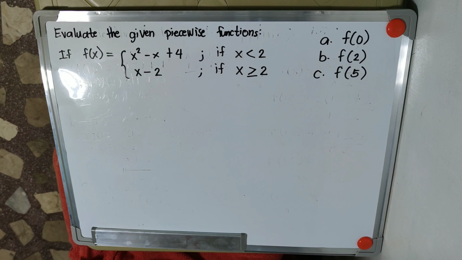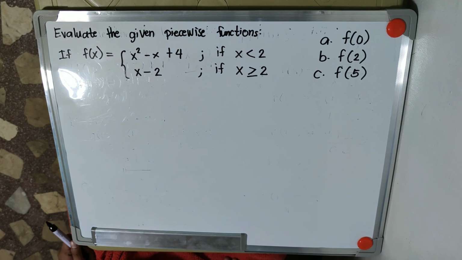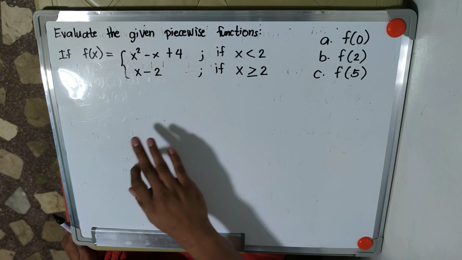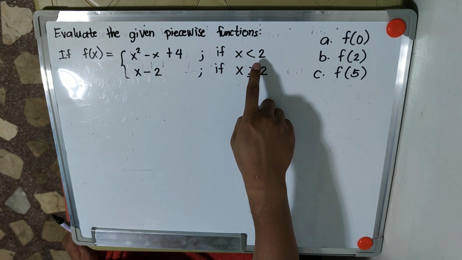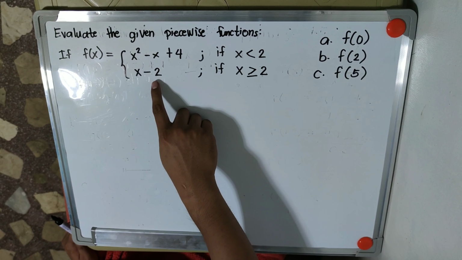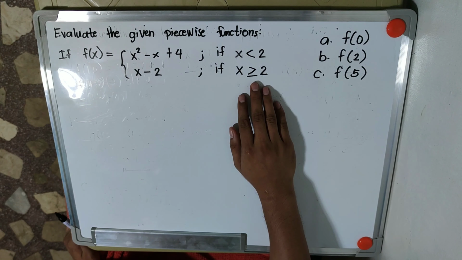Okay, so this part, we are going to evaluate the given piecewise functions. These equations, as you can see, this is what we call piecewise functions. So, f of x is equal to x squared minus x plus 4, if x is less than 2, and x minus 2 if x is greater than or equal to 2.